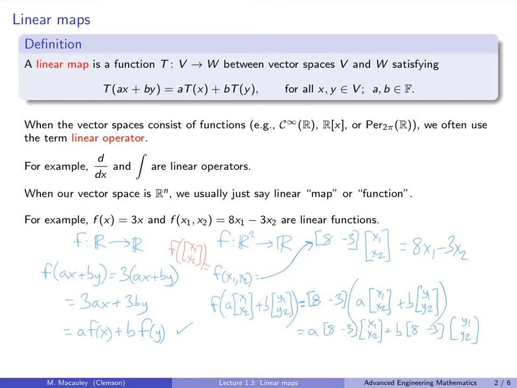And now look what we have here. This is a times f of x1, x2 plus b times f of y1, y2.